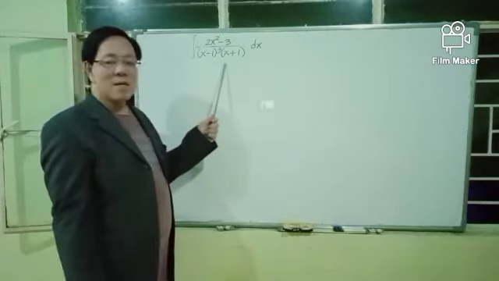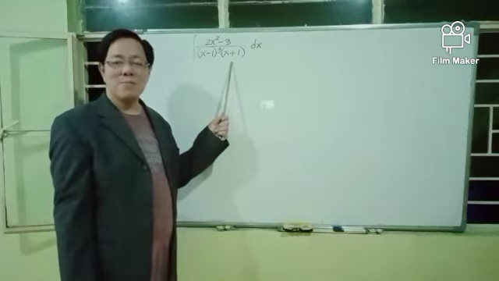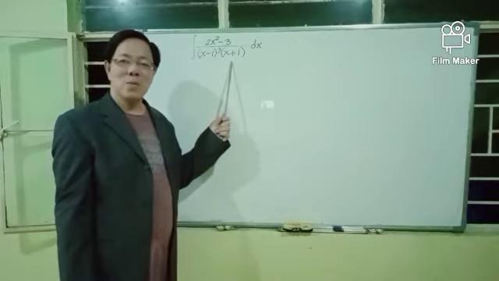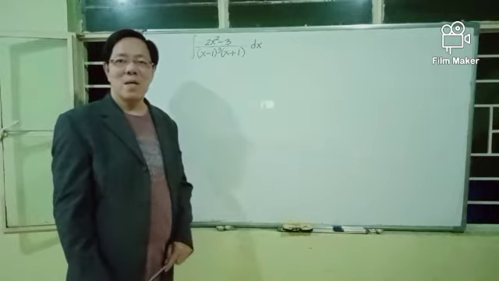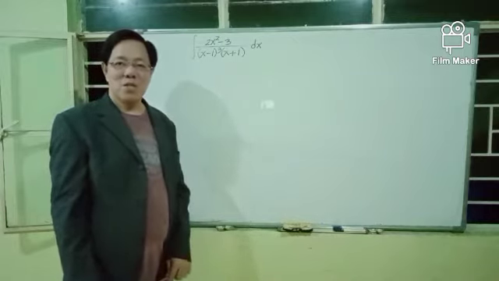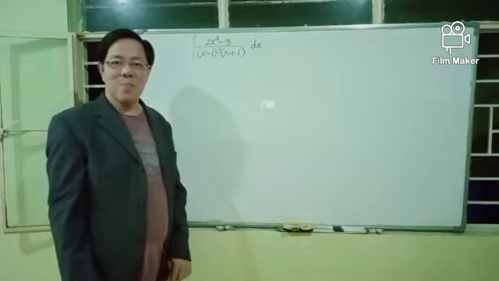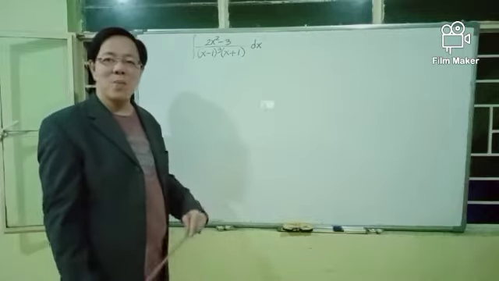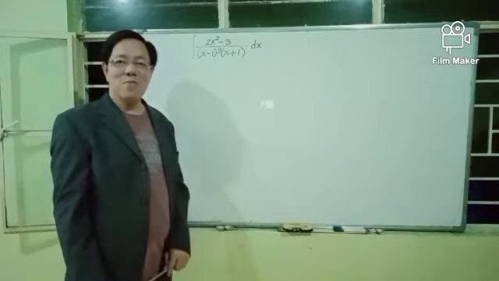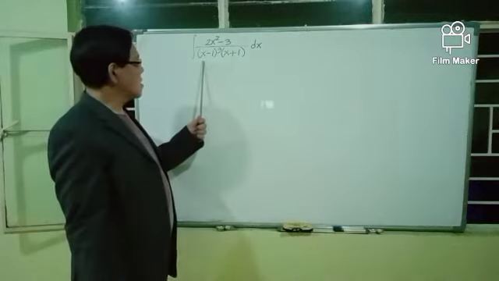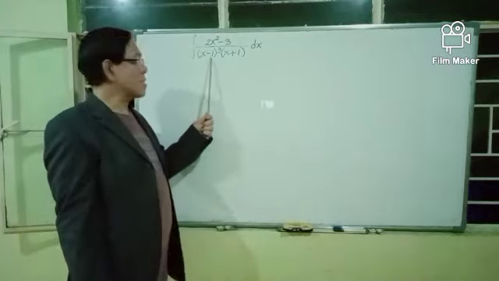So we write this rational expression as identically equal to the sum of partial fractions. And in that sum of partial fractions, we will use how many constants? We will use 4 constants because x minus 1 is repeated 3 times.